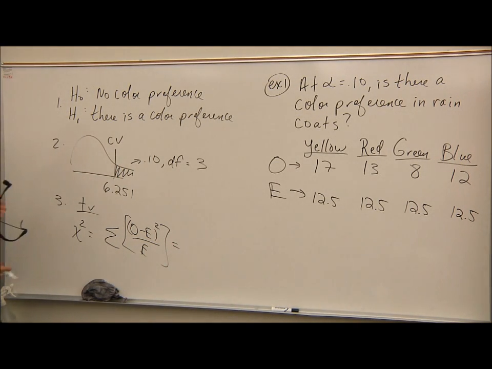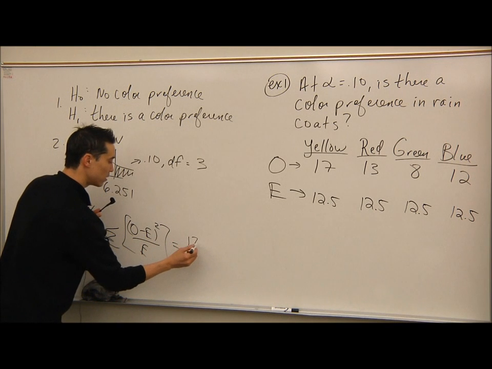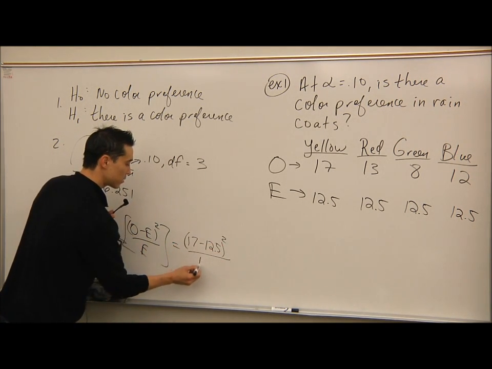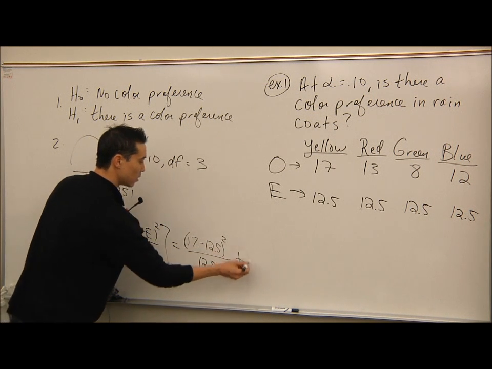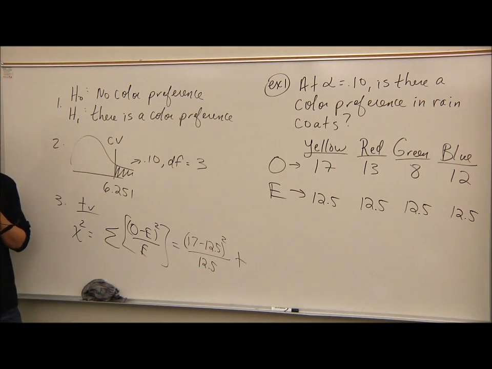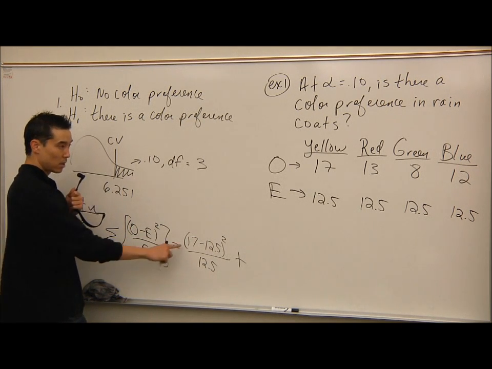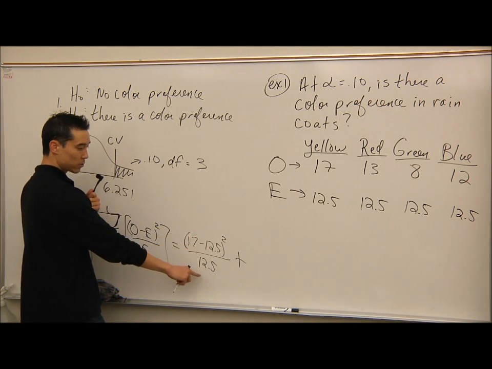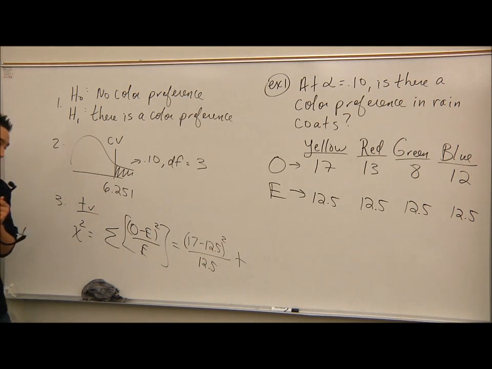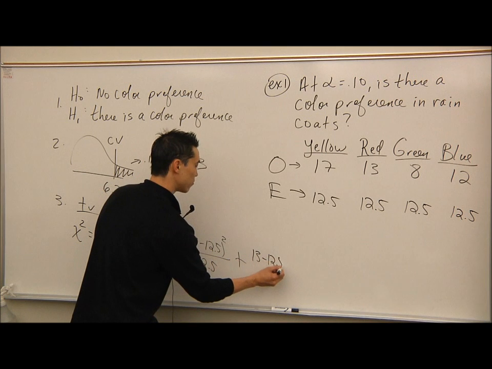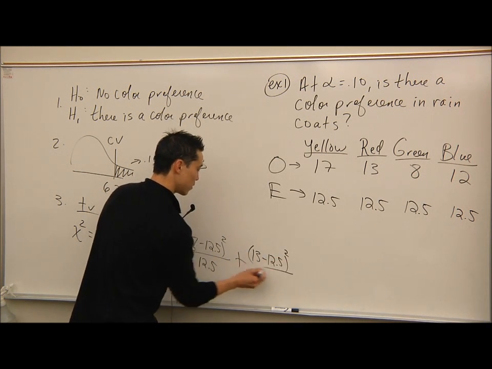So we start with yellow. We observed 17 yellow. We expected 12.5 yellow, squared, divided by 12.5. Plus, then you move to red, okay? So it's O minus E squared over E. 17 minus 12.5 squared over 12.5. Then move to red. How many observed red did we have? 13 minus 12.5 squared over 12.5.